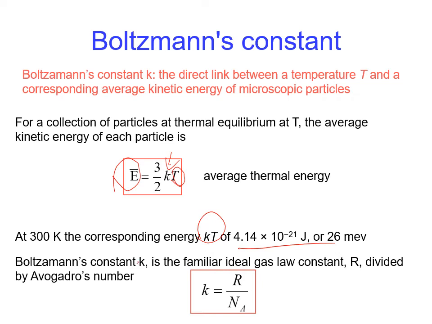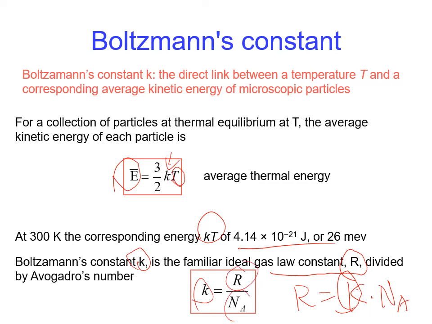The Boltzmann constant is also related to the ideal gas law constant R. So R equals k times Avogadro's number, which is 6.022 times 10 to the 23rd power. So k you can calculate by the gas constant divided by N_A, Avogadro's number.